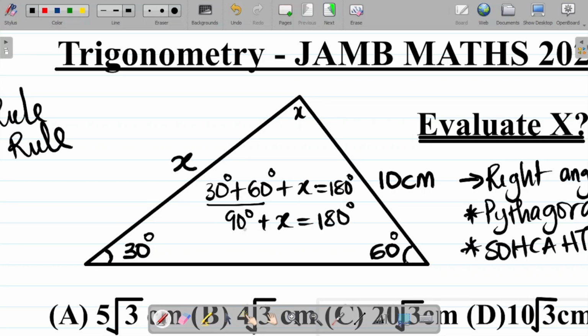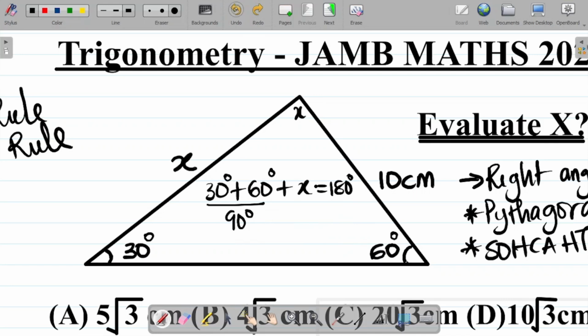Moving the 90 over, x is equal to 180 degrees minus 90 degrees, which is 90 degrees. So the missing angle is actually 90 degrees.